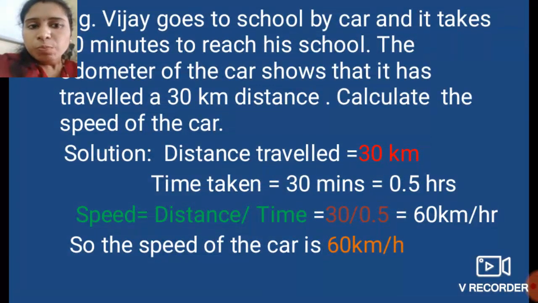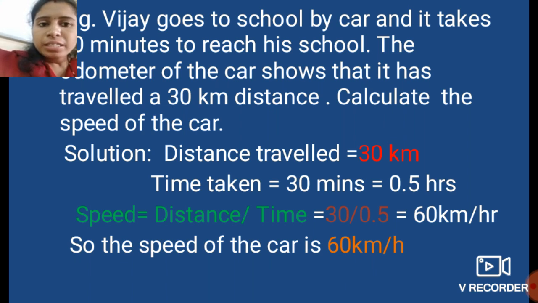We know the speed and we know the time. For calculating the distance, time is in the denominator, so we can take this time to the left-hand side towards speed. So what will happen? Time into speed is equal to distance.